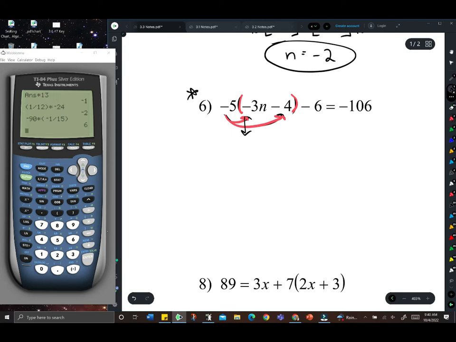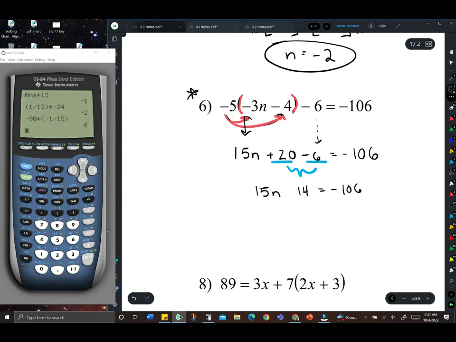Now, negative 5 times negative 3 is 15. Negative 5 times negative 4 is 20. We just have the negative 6 hanging along and the negative 106. Now, we still have like terms. So negative 6 and 20, those can combine to make 14.